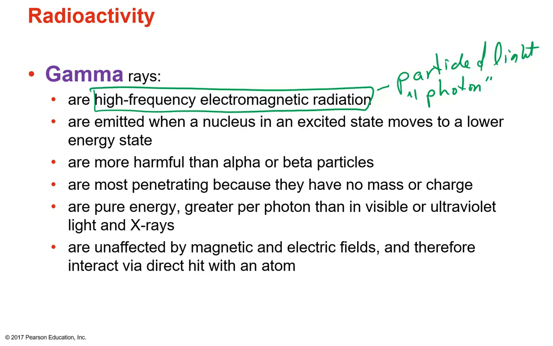None, because they're light. They're packets of energy. Because they have no protons and no electrons, they have no charge, and thus they're not affected by the magnets. They're the ones that went straight through the magnets.